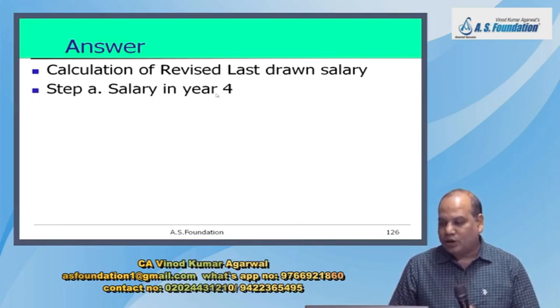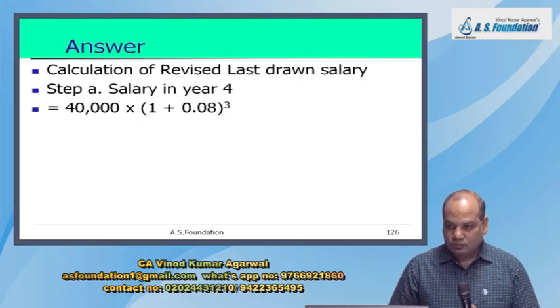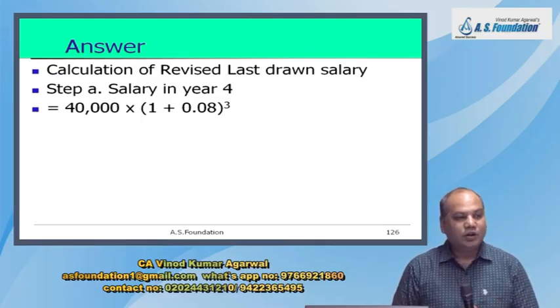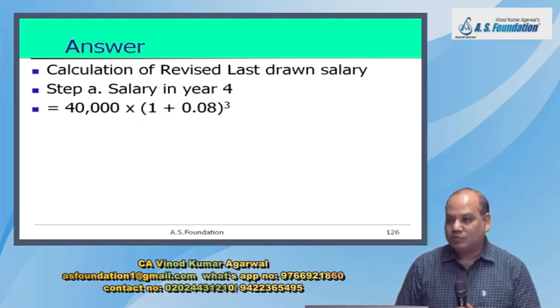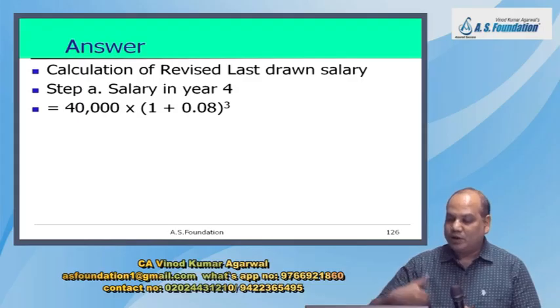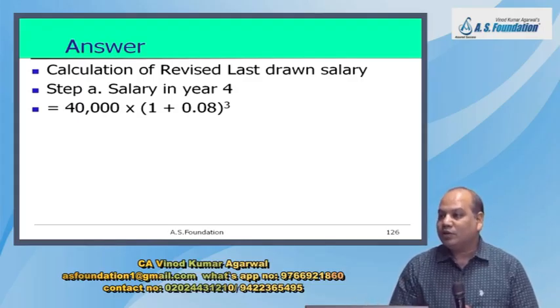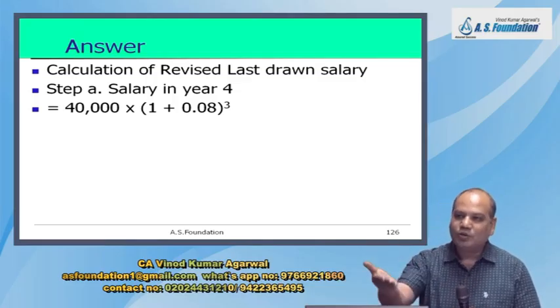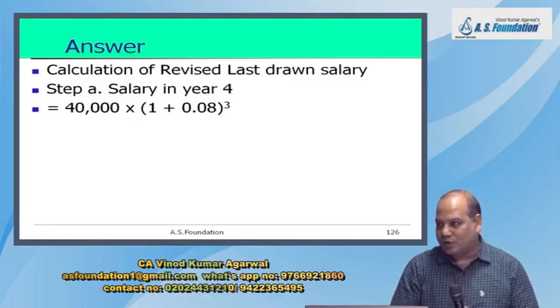Salary will grow at the rate of what percentage now? 10%. We are in the year 4. Understand, we are in the year 4. And now we expect that this salary will grow at the rate of 10%. But not retrospectively, of course. From this point onward, for the future period.